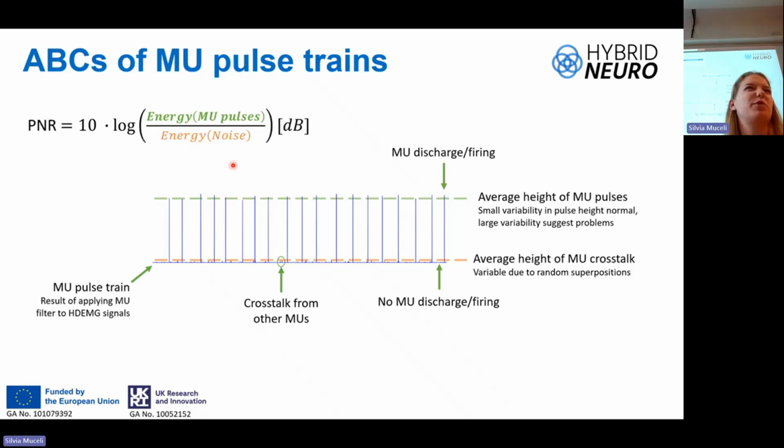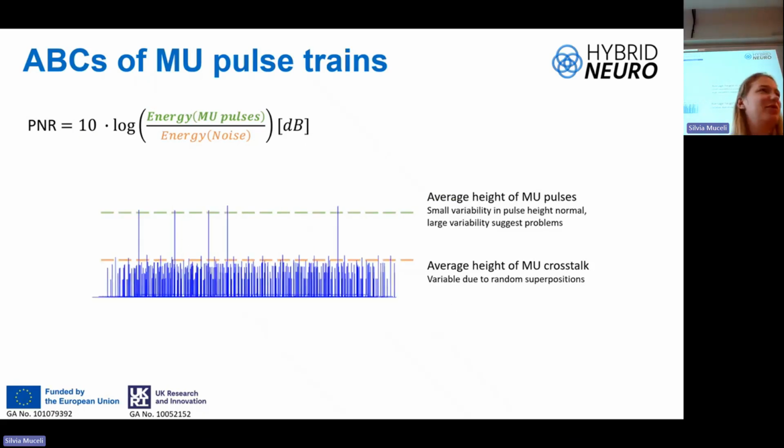But can we really trust it? It's a good metric, but it can be deceiving, like in this example over here. We might decide that this motor unit was identified with high accuracy. It was not.